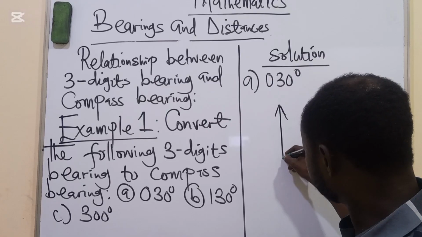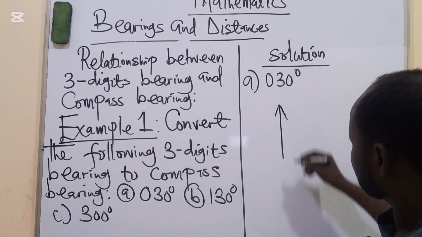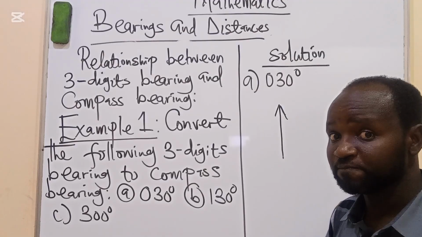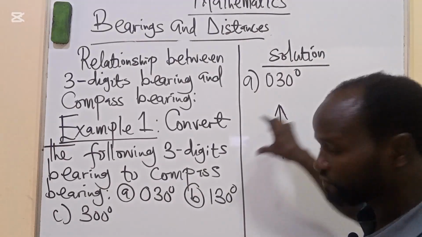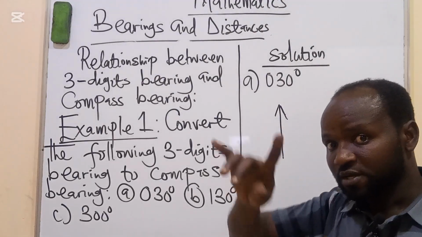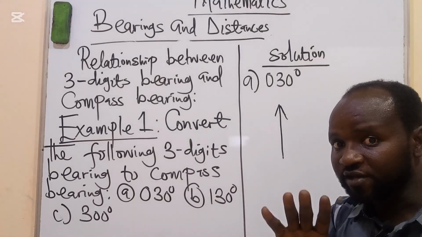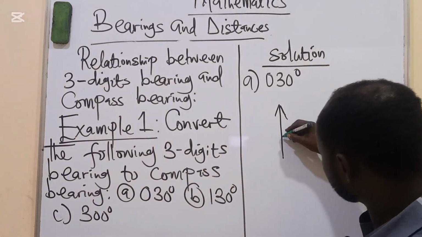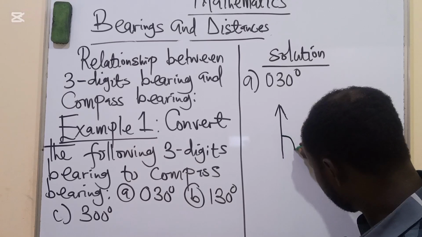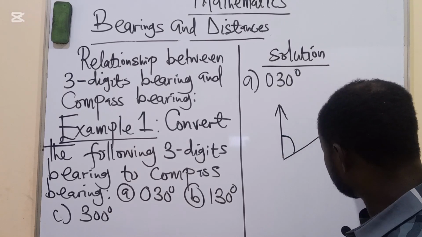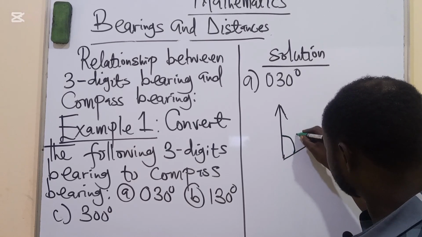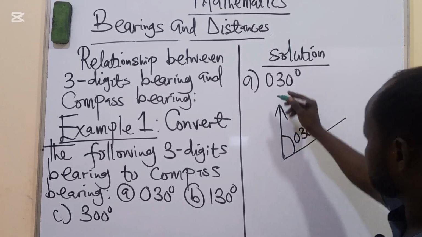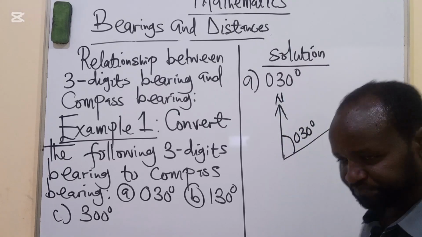This is the North Pole. Any three-digit bearing has to be measured from the North Pole. We'll move in a clockwise direction. It's one of the features of compass bearing. So I will move from here. Let's say this is our 30 degrees. This will be 030 degrees. This is the North Pole here.